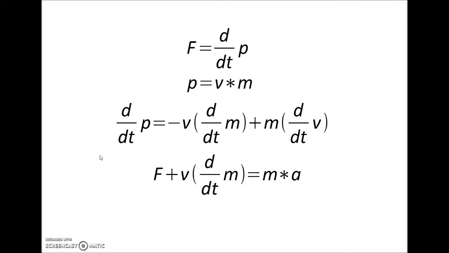And you simplify that, do a little bit of algebra and substitution. You get the sum of the forces, because we defined that already as the change in momentum, plus that velocity times the change in mass is equal to the mass times the acceleration. Now you'll notice that that looks a lot like the equation in the first slide, that force equals mass times acceleration. We just added a new term.